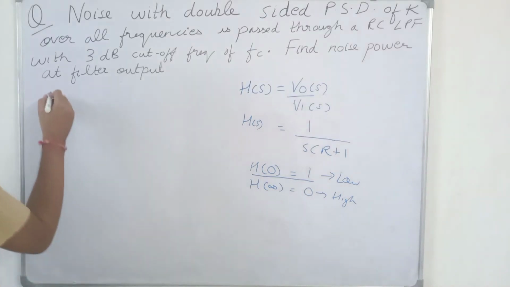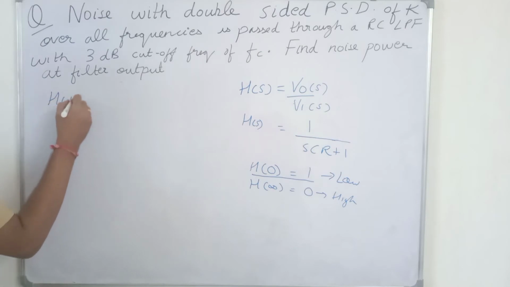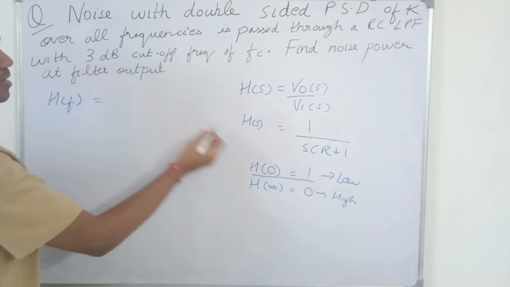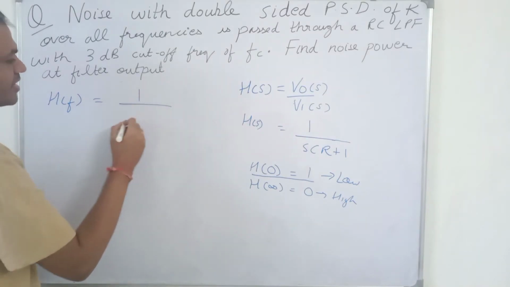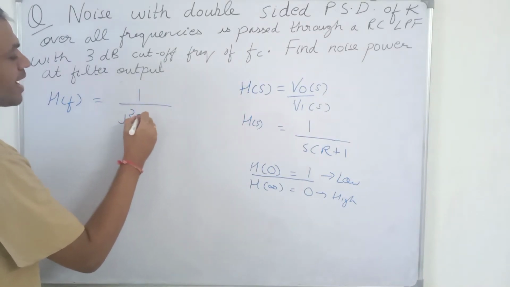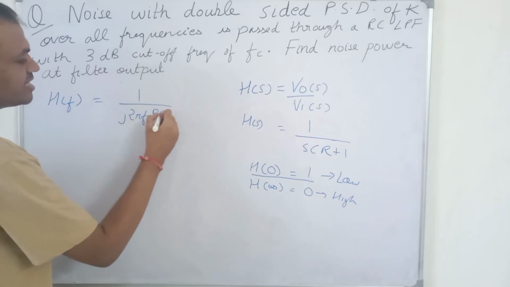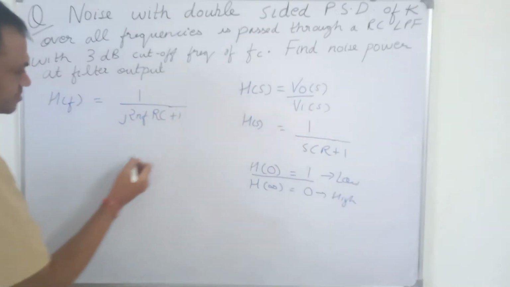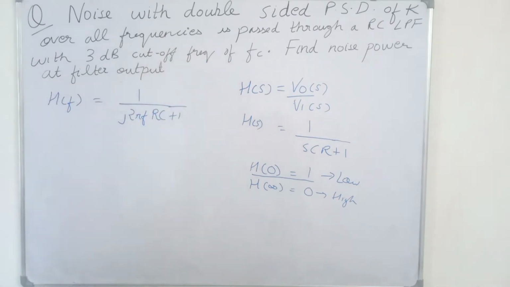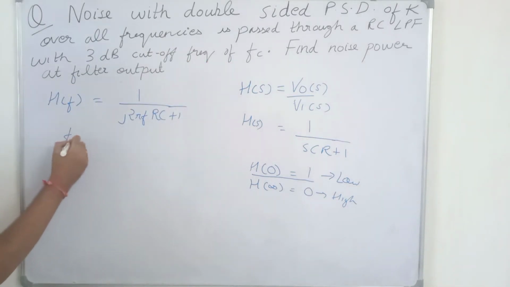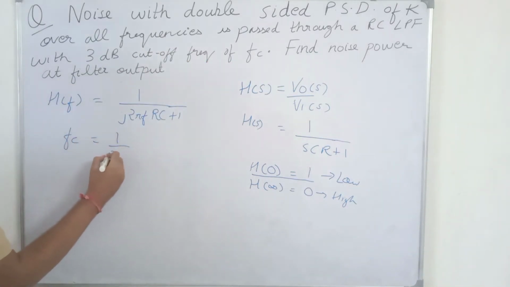So H of F will be equal to, put S equal to j 2 pi F, so 1 upon j 2 pi F RC plus 1. But it is given that the 3 dB cutoff frequency is FC. So FC is equal to 1 upon 2 pi RC.